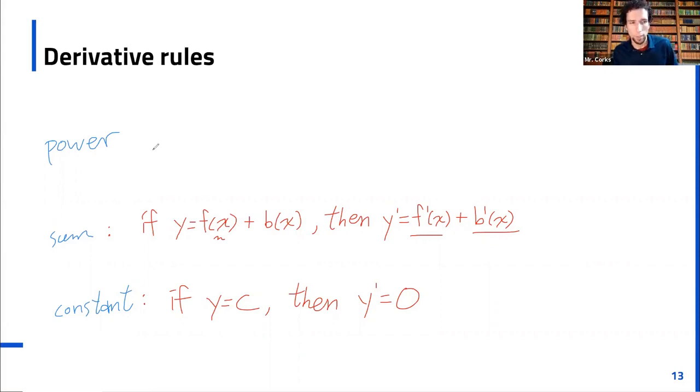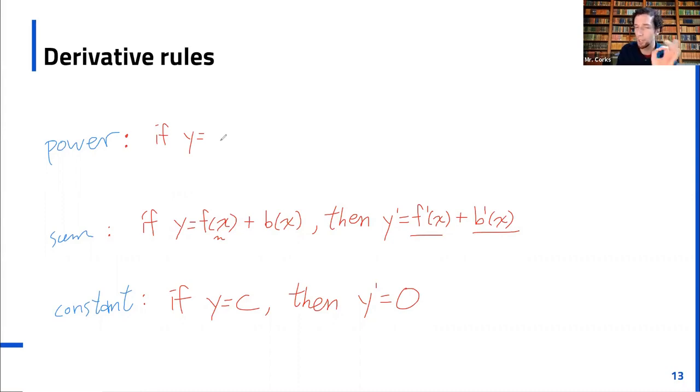And the most complicated one that we have, the power rule. Can we get a definition of this? If y equals, can we use f of x squared? Or do you want to be more general than that?